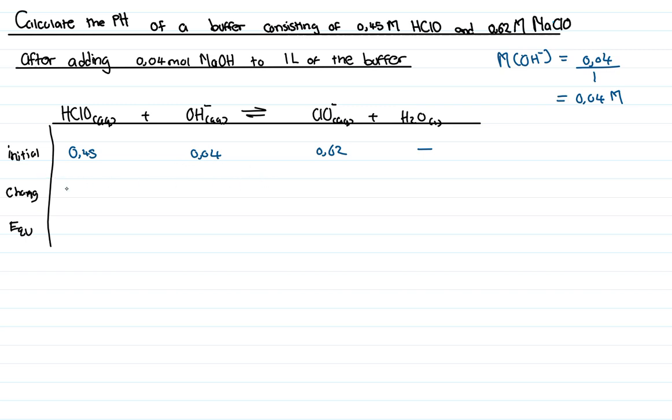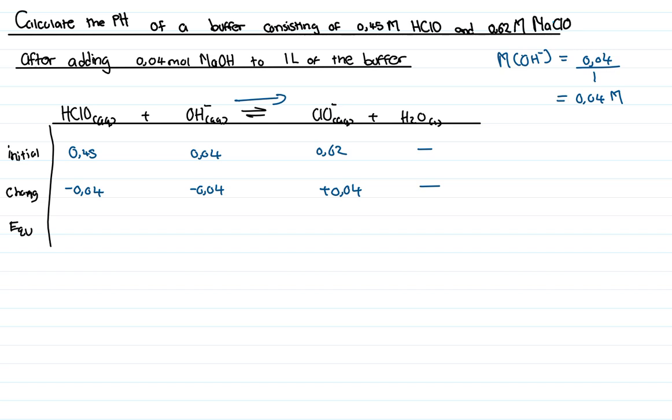So we're gonna have a minus 0.04 molar on this side, and also here minus 0.04, because this must be removed and the reaction is going to shift in that direction. So this reaction now is shifting towards the product, and we're going to have a plus 0.04, and we have nothing for water.